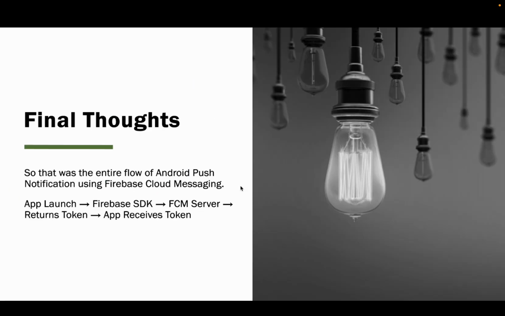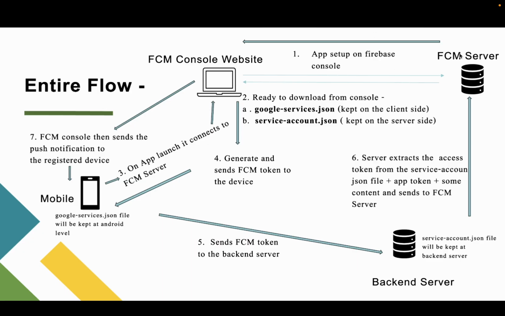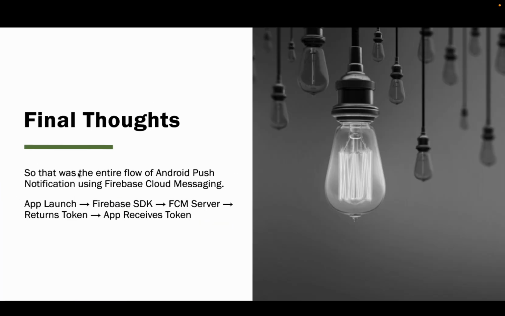So just to wrap it up, Firebase Cloud Messaging basically acts as a bridge between your server and the user device. It also ensures that messages reach the right device using the registration tokens, the app token I'm talking about, and depending on whether it's a notification or a data message, it decides who handles it, the system or your app code.